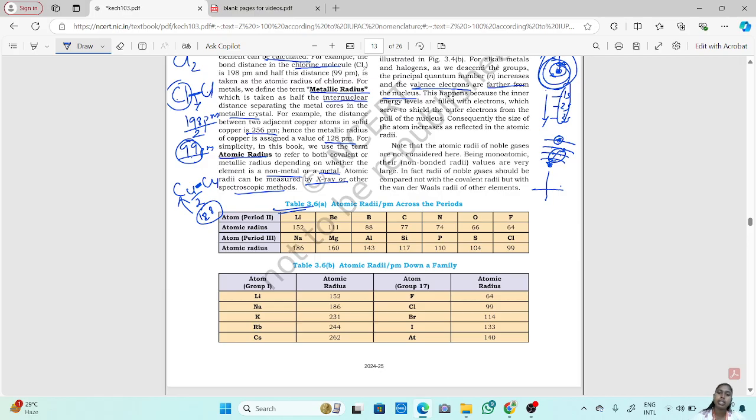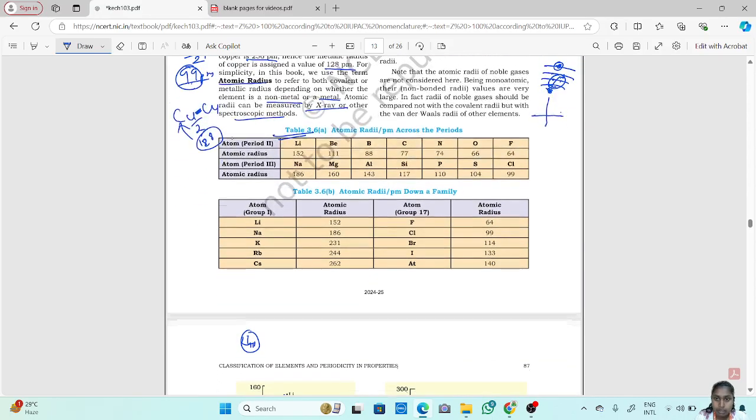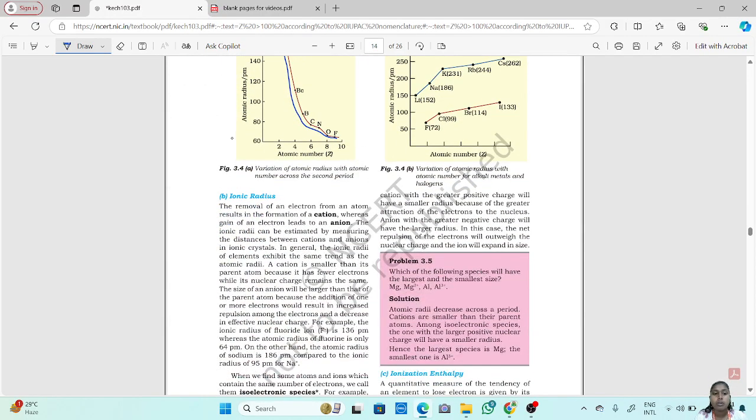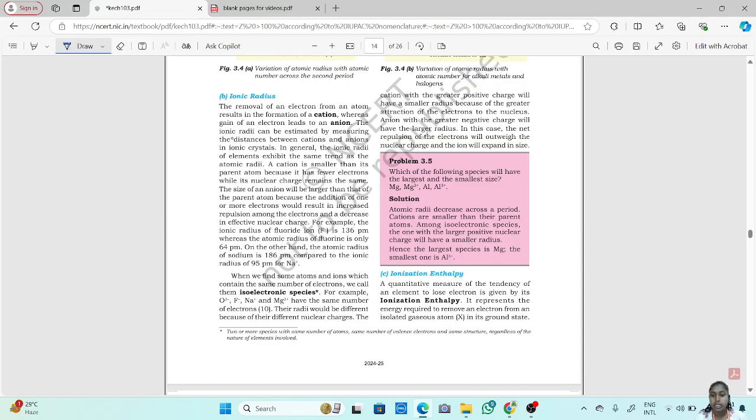Noble gases don't have much reactivity, and if they react also, the value is very large. So you can't compare them with covalent radii, but you can compare them with van der Waals radii. So the atomic radius we can't predict.